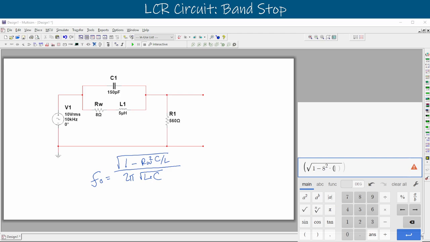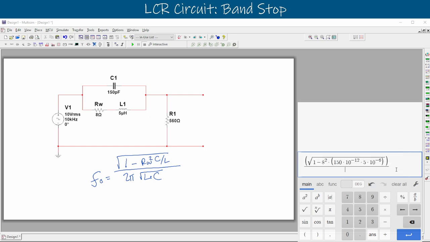So 150 pico, so 150 times 10 to the negative 12, pico being negative 12. And then we can multiply that by our inductor, and that is our 5 micro. So we'll put that as 5 times 10 to the negative 6. And we'll close off that parenthesis and then the one on the outside.